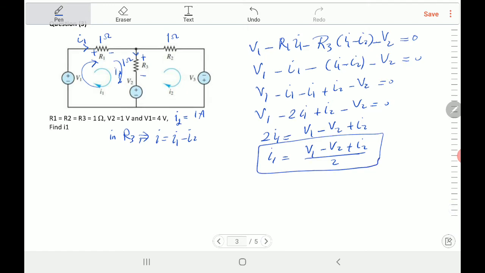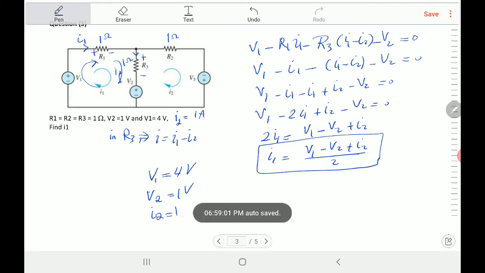If we give values, if it was given that V1 is equal to 4 volts and V2, let's say V2 is equal to 1 volt, just any number to try to find, and let's say I2 is equal to 1 amp.